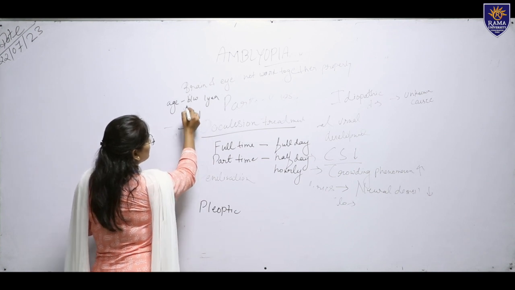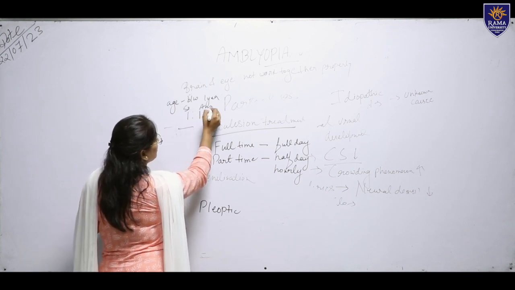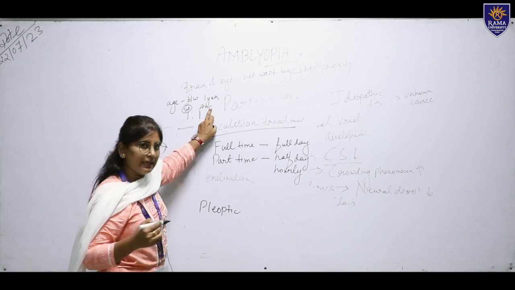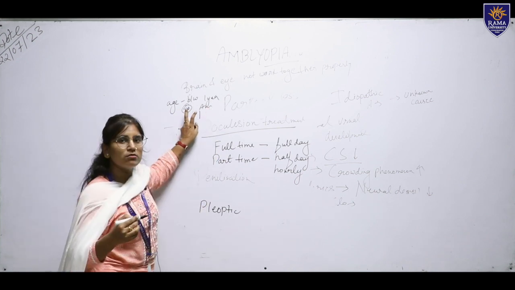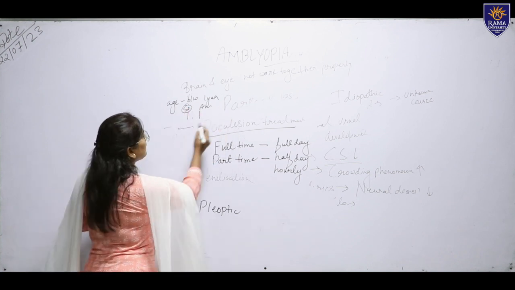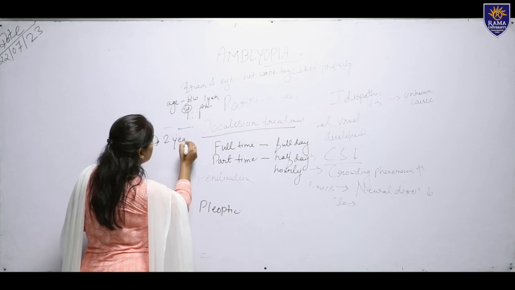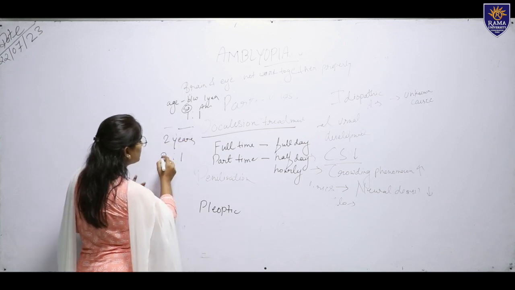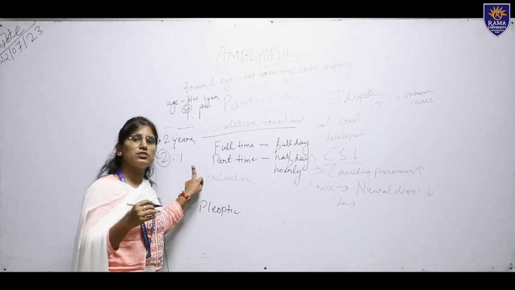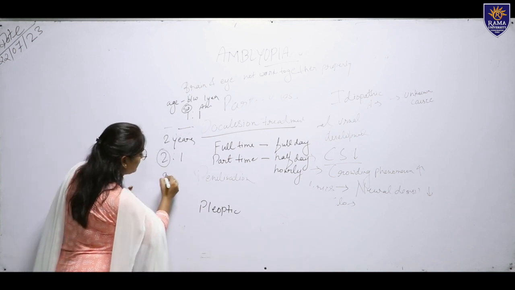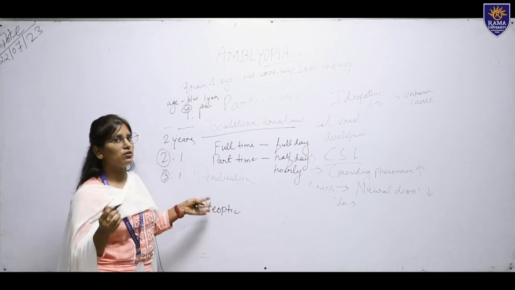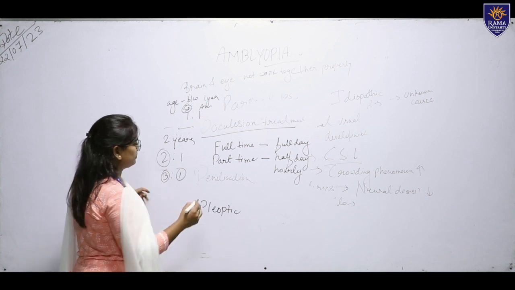1:1 means sound eye and amblyopic eye. Sound eye means normal eye. That means 1 day occlusion of the normal eye and 1 day occlusion of the amblyopic eye, and at age up to 2 years, 2:1, that means 2 days occlusion of the normal eye and 1 day occlusion of the amblyopic eye, and 3:1 means 3 days occlusion of the normal eye and 1 day occlusion of the amblyopic eye.